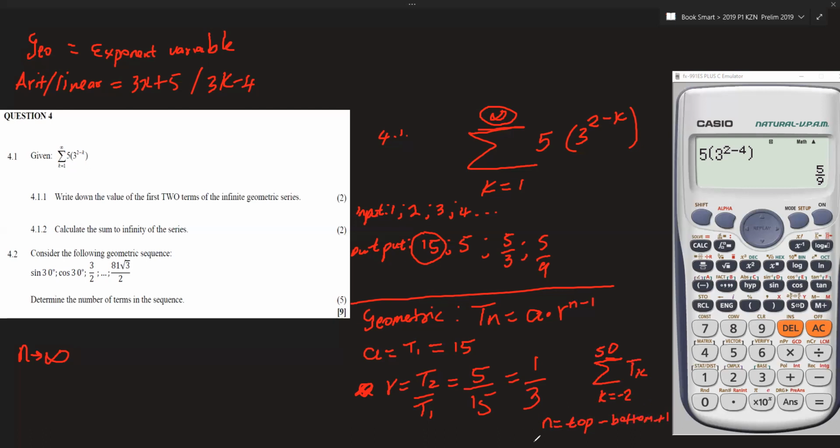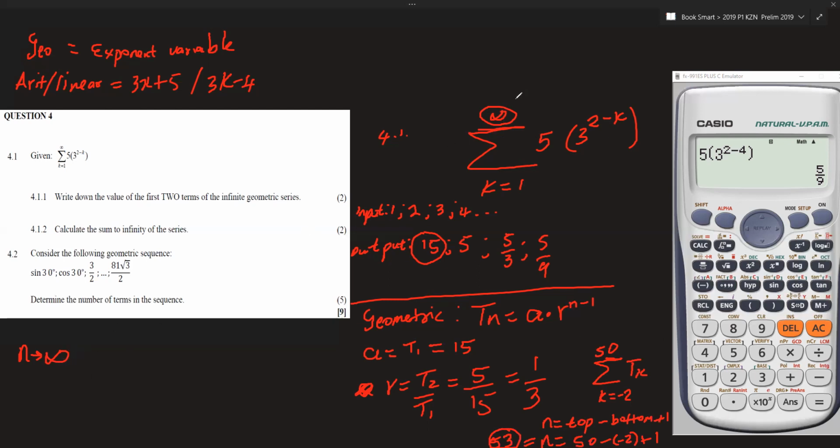It's very important. So for example, if I had a pattern like this, my n would equal my top, 50, minus the bottom, which is negative 2, then plus 1. If I press on a calculator, or do simple algebra, the answer would be 53. So this would be a sum to 53 terms. But in this case, they gave us an infinity sign, which means it's a sum to infinity.